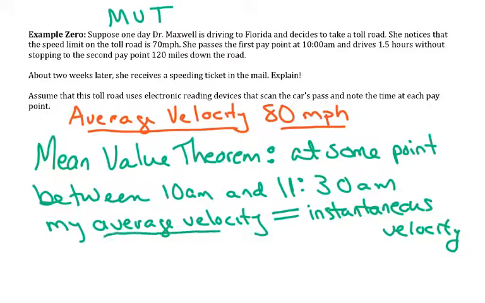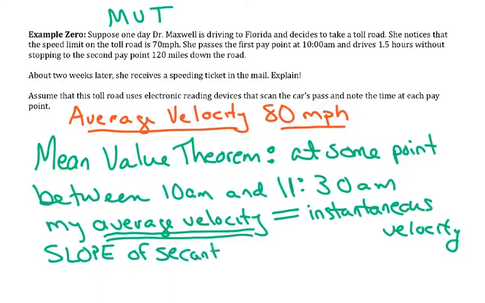And remember what the average velocity is. This is the slope of the secant line. And what is the instantaneous velocity? This is the slope of the tangent line. Let's use a different color. And how do we find the slope of the tangent line?